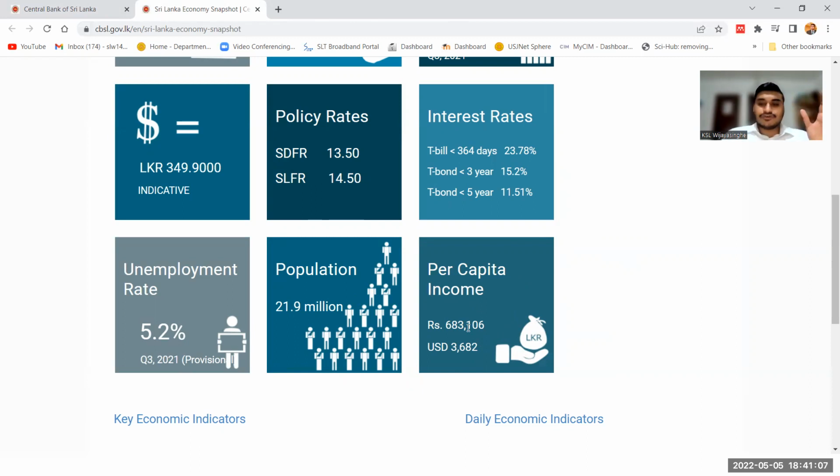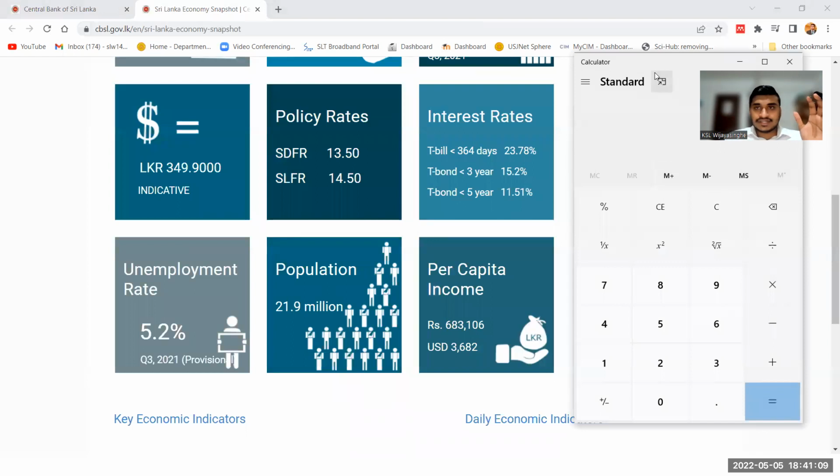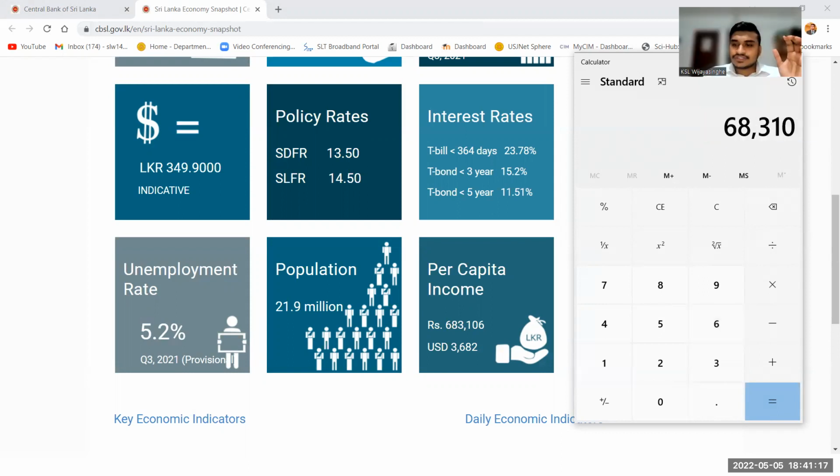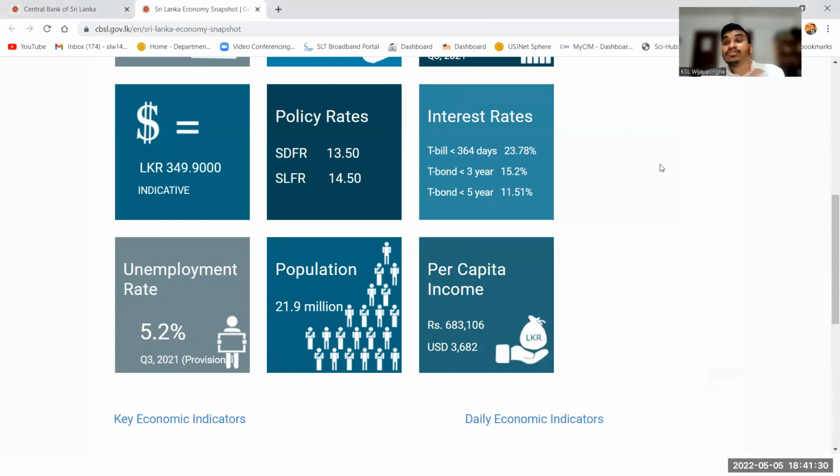So that is roughly a monthly income of 56,925. So this is the average value a person is earning.